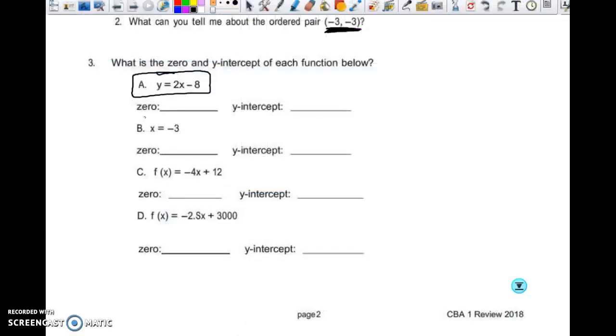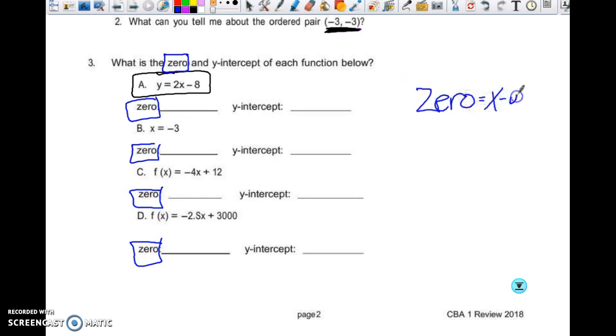And the question's asking what is the zero and the y-intercept. So first of all, do we remember what a zero is? Anybody remember? Guys, a zero is just another word for x-intercept. Okay, so they're asking us here what is the x-intercept and what is the y-intercept for each one.